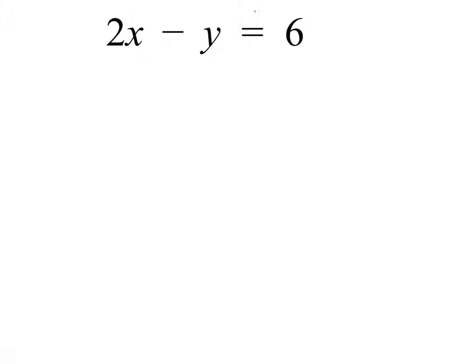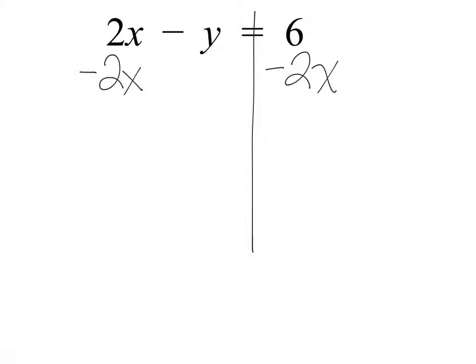Last equation. 2x minus y equals 6. What is the first thing we're gonna do? Subtract 2x. So this means I have -y equals -2x plus 6. I know we are not done yet because the y is not by itself.